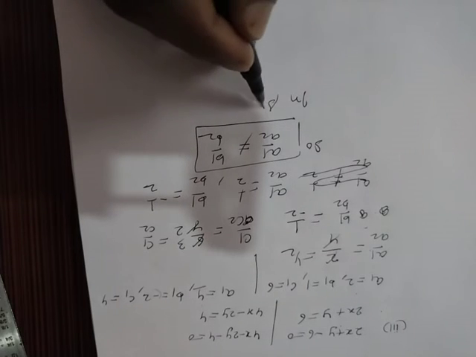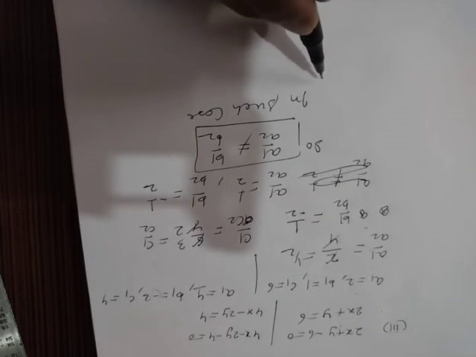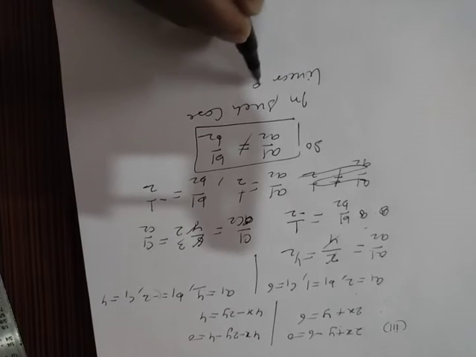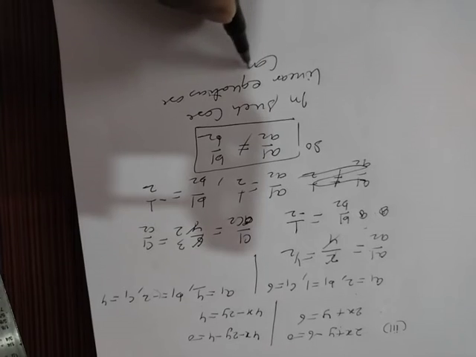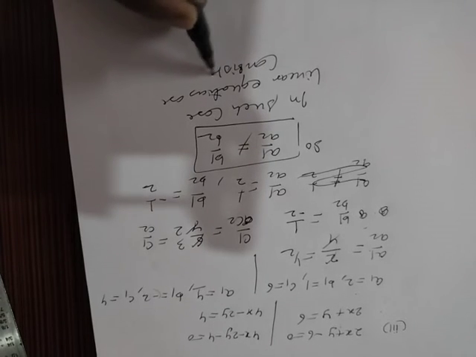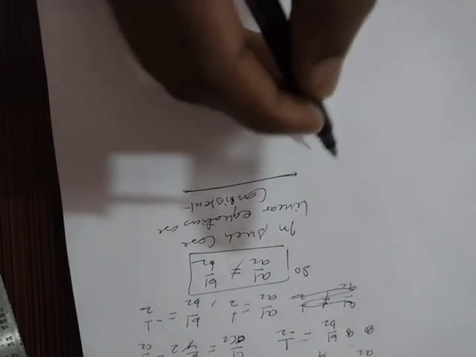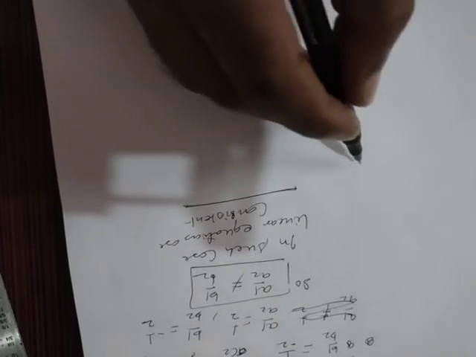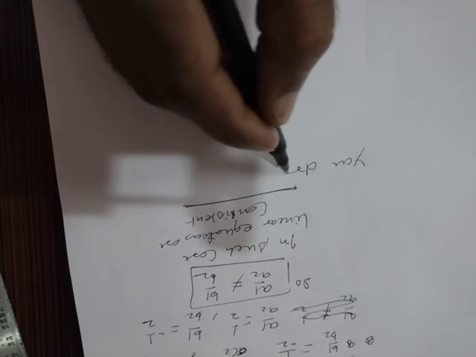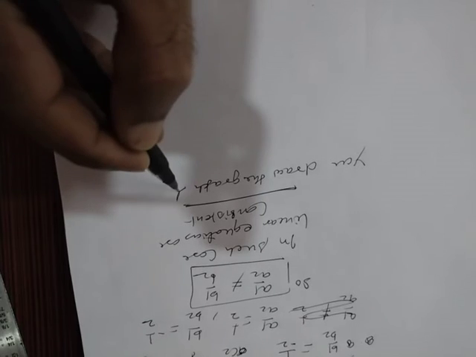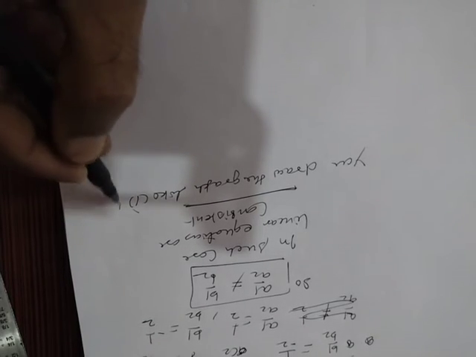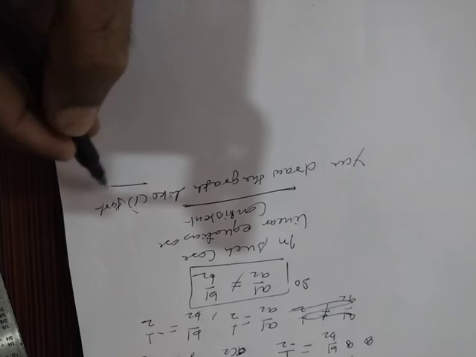In such case, the linear equations are consistent. Okay, so you solve the graph like this. You draw the graph like the first part.